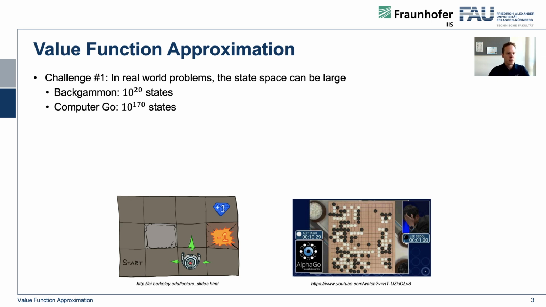One of the challenges that we are facing in real-world reinforcement learning problems is that the state space is usually very, very large, or it can be very, very large in practice. Here I have two examples. The first example is the backgammon example, which we'll also see in the lecture, where we can enumerate 10 to the power of 20 different states.